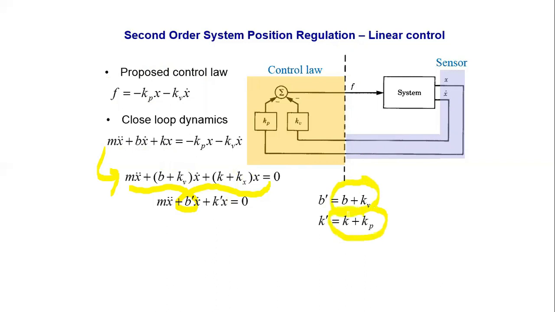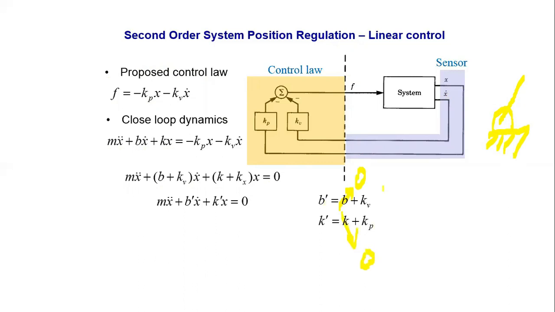So if you assume that your single link manipulator is free from any damping and stiffness, and if you apply the position regulation control law, then just put b equal to 0 and k equal to 0.